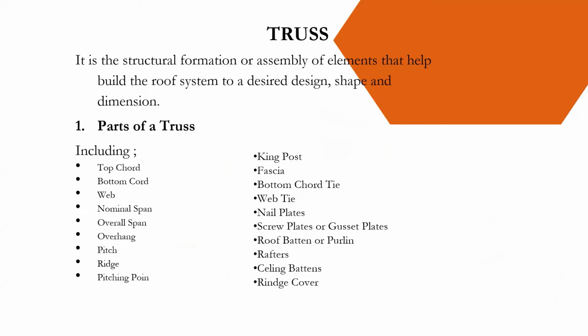The parts of a truss include top chord, bottom chord, web, nominal span, overall span, overhang, pitch, ridge, pitching point, king post, fascia, bottom chord tie, web tie, nail plates, screw plates or gusset plates, roof batten or purlin, rafters, ceiling battens, and the last one, ridge cover.